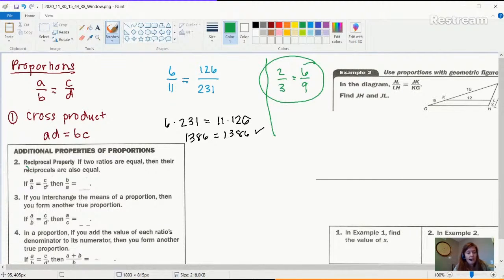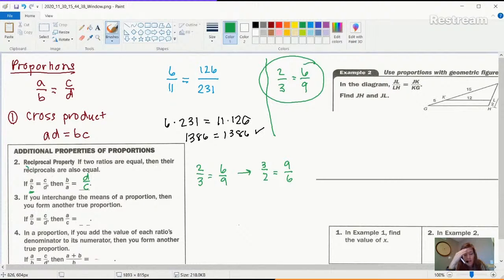So the reciprocal property says if you have A over B equals C over D, then if you flip the numerator and denominator, B over A should equal D over C. In our example up here, we had 2 to 3 equals 6 to 9, which I think we can all agree is a proportion. That also means that 3 to 2 equals 9 to 6. And I think everybody can see, yep, that makes sense. So this is the reciprocal property that we can do.